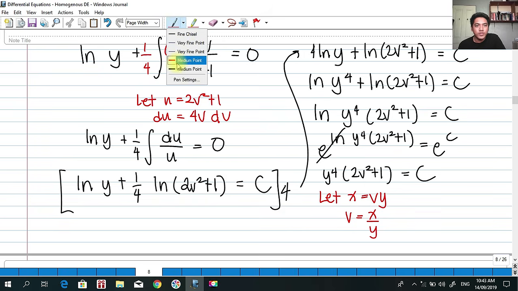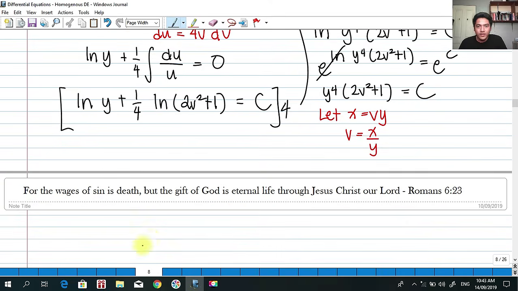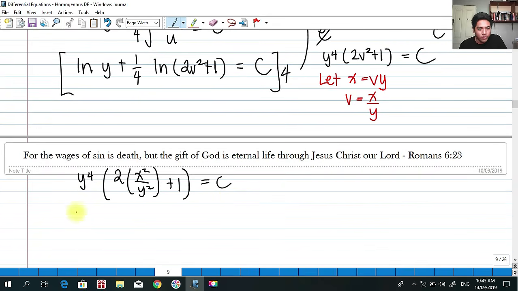So let's substitute it back. We have y raised to 4, times 2v squared. What is our v squared? We have x squared over y squared, plus 1 is equal to c. That is our 2v squared. Simplifying, we have 2x squared over y squared plus 1 is equal to c.